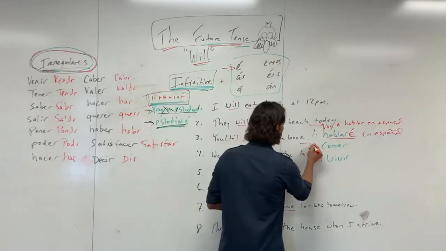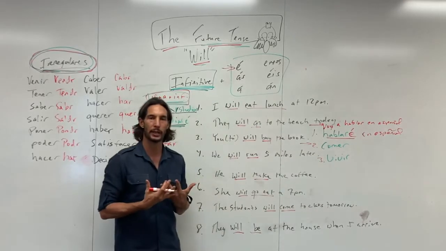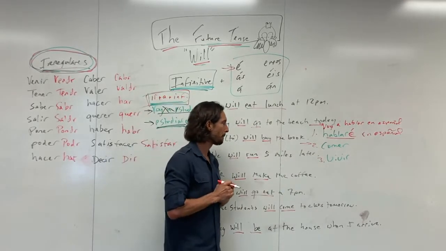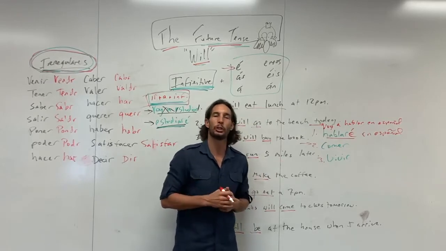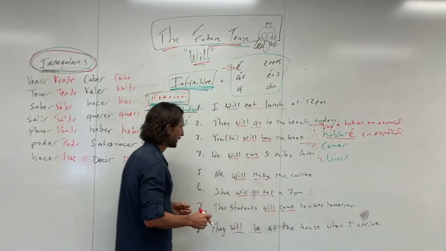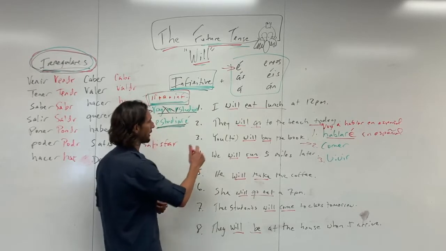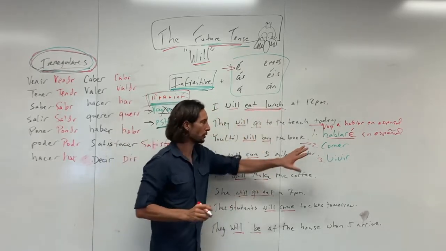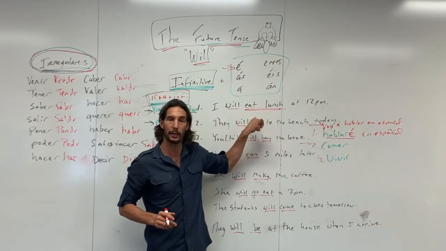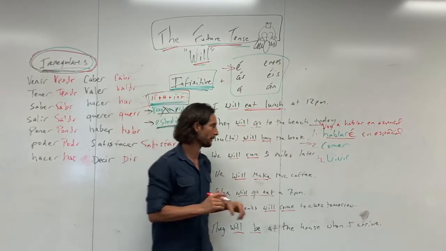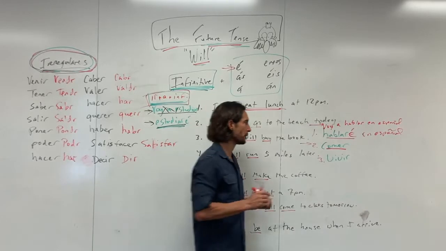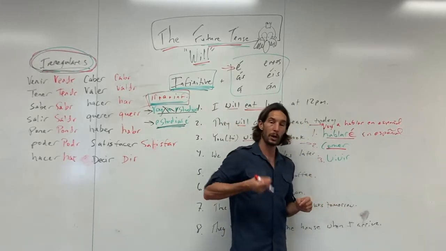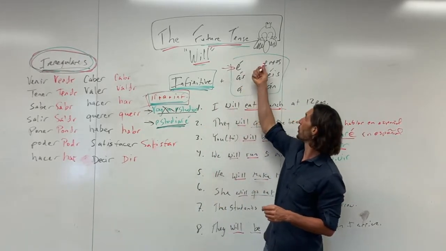So number 2 here is comer, which is to eat. Let's just say we will eat sushi tonight, right? So we have eat lunch. So we're going to use comer here, and we're going to use almorzar here. That's going to allow us to use a couple of different verbs. So we will eat sushi tonight. We want to say we will eat, so we have to use nosotros, right?